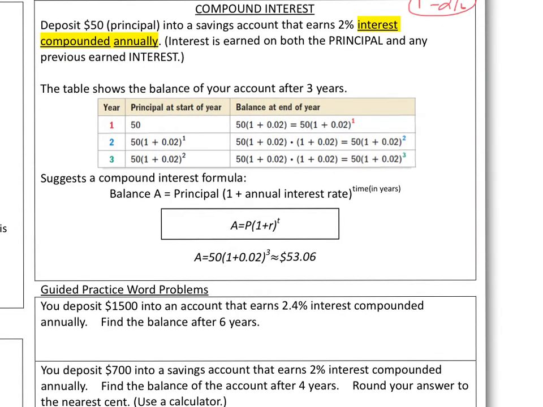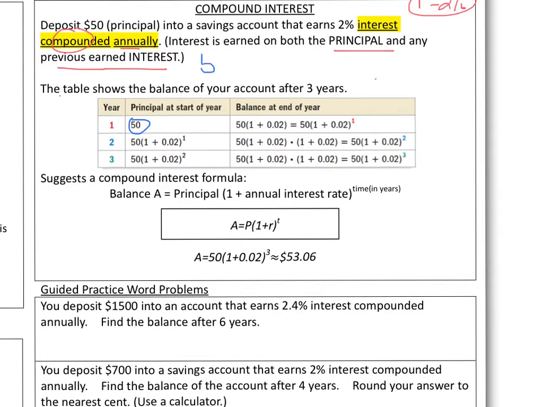Okay. Say you deposit $50, the principal, into a savings account that earns 2% interest compounded annually. The interest is earned on both the principal and any previous earned interest. So this table shows the balance of your account after 3 years. For the first year, you don't have any previously earned interest, so you just begin with $50.